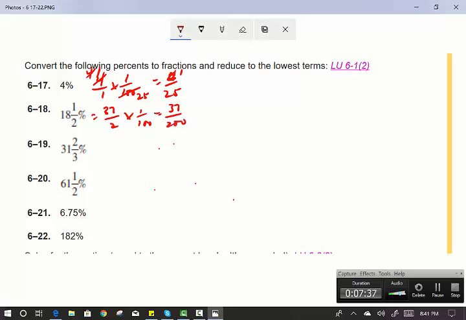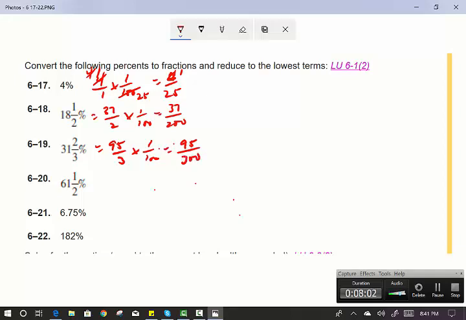Number 19 is 31 2/3. Let's convert that to an improper fraction, which is 95 over 3 times 1/100th. And that will equal 95 over 300.